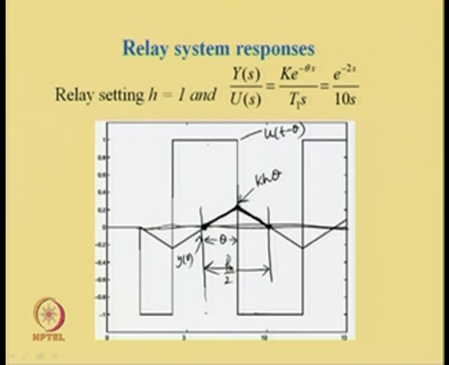Whereas, we have got a positive input of this span, and subsequently the input is going negative. For how long I do not mind, but definitely from time t equal to theta to time t equal to Pu by 2, the input is negative.